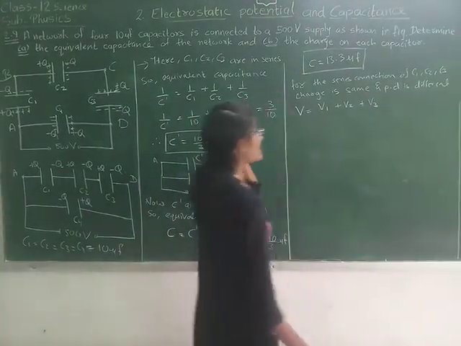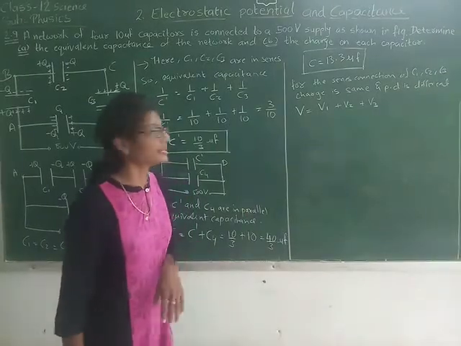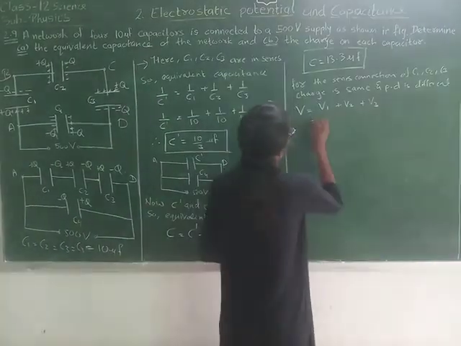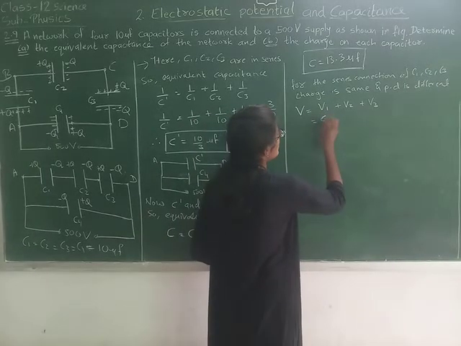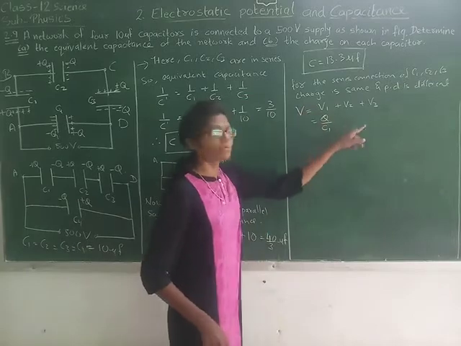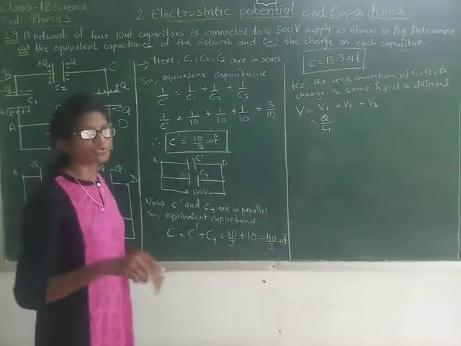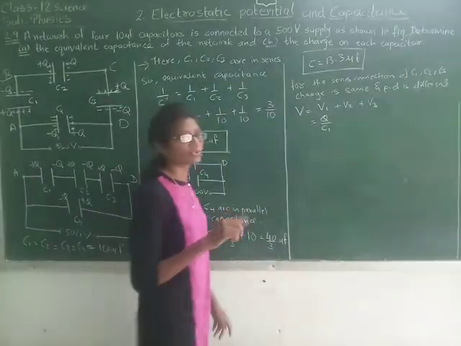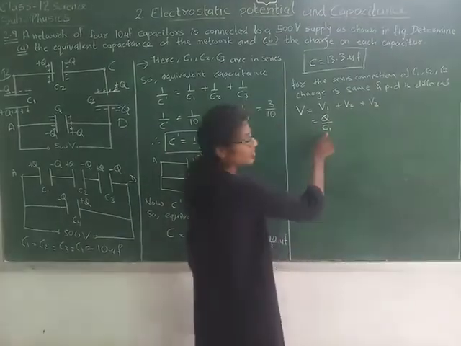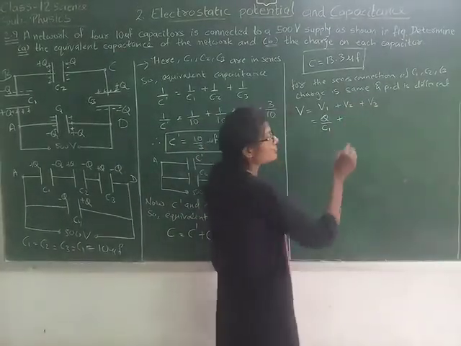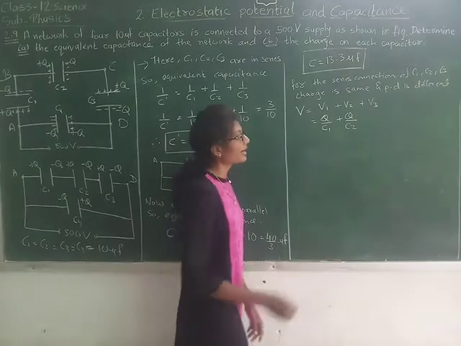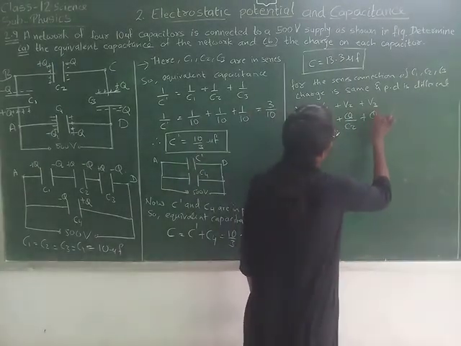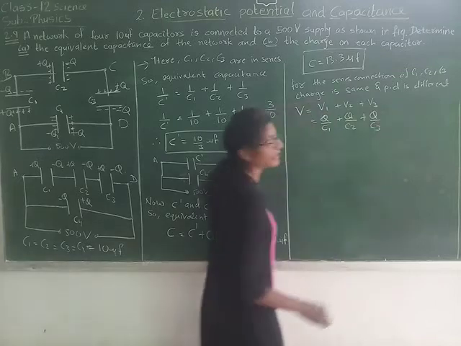Now let us write that in terms of capacitance. V1 is Q by C1, right? Here because all these three components have the same charge, we will just write Q instead of Q1, Q2 and Q3. So Q upon C1, V2 is Q upon C2, and V3 is Q upon C3.